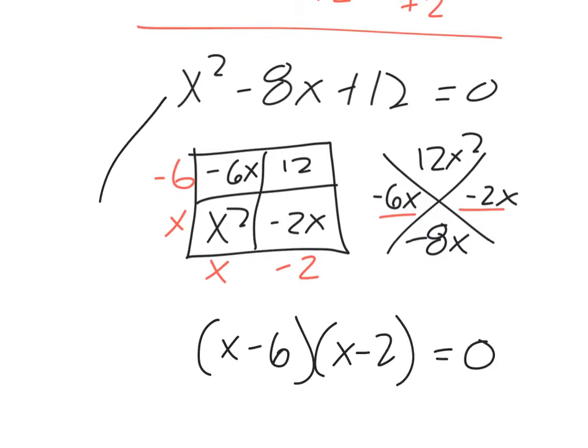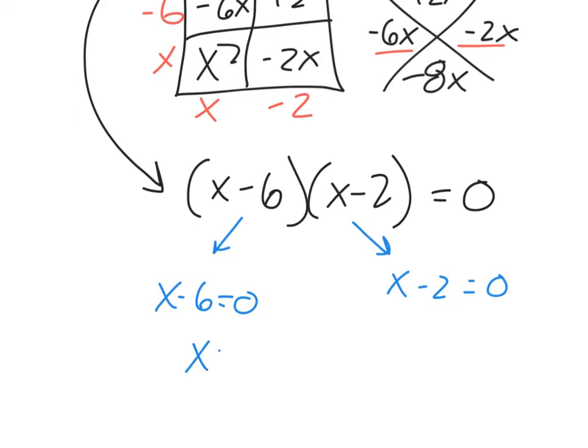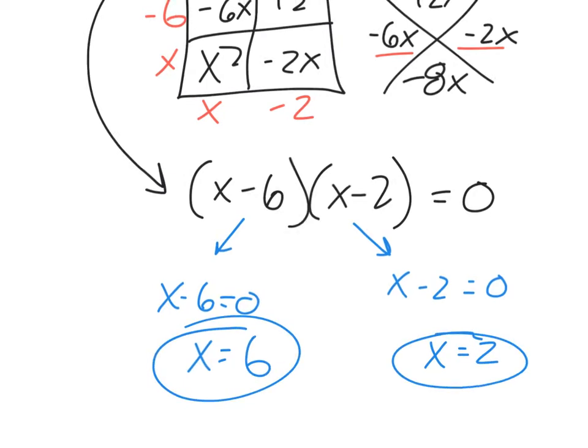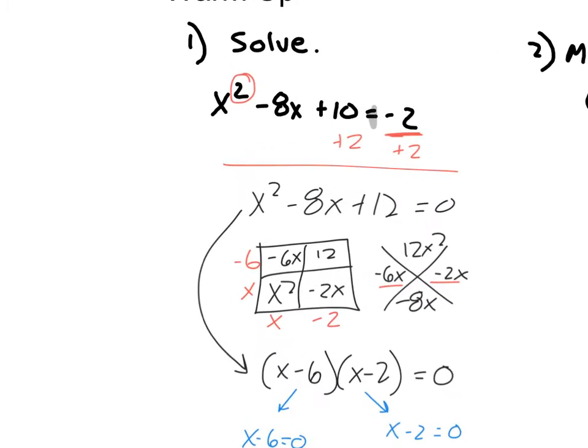I just changed the form from standard form to factored form, but now I need to use the zero product property. And that's where I take each of the factors and I set them equal to 0, and I solve for x individually, and in doing so I get x equals 6 and x equals 2. And what these solutions represent are the values of x that make the original equation equal to negative 2.